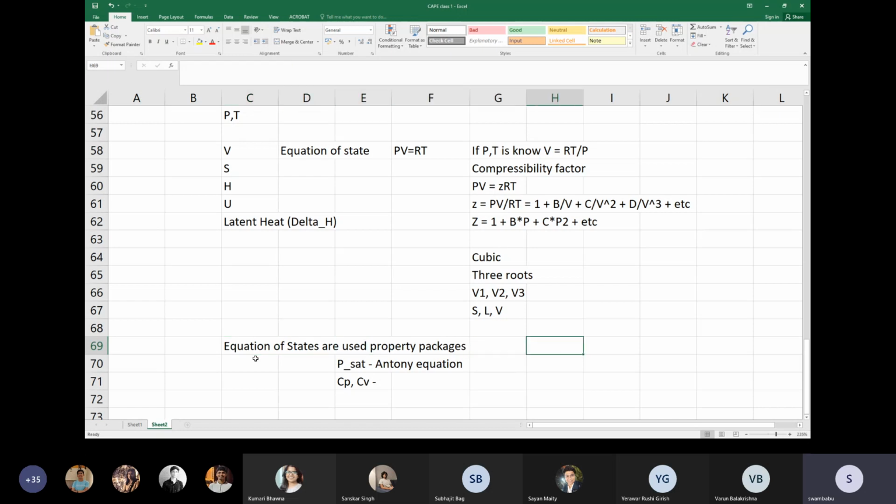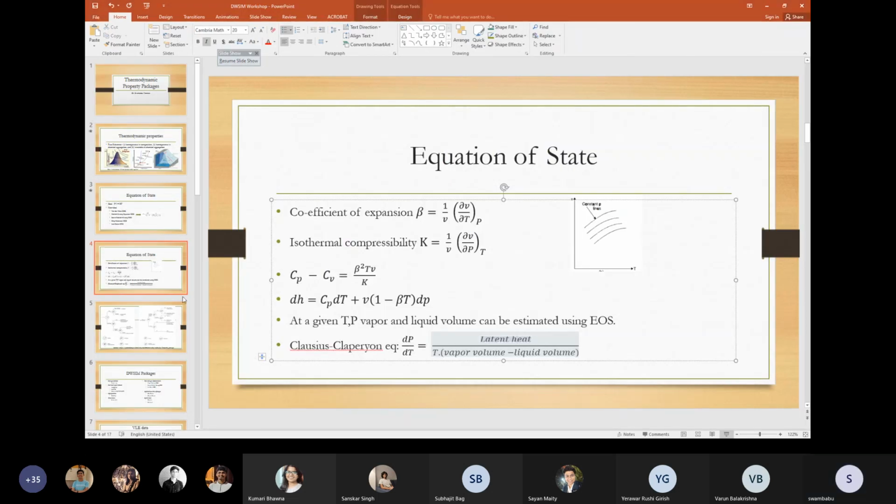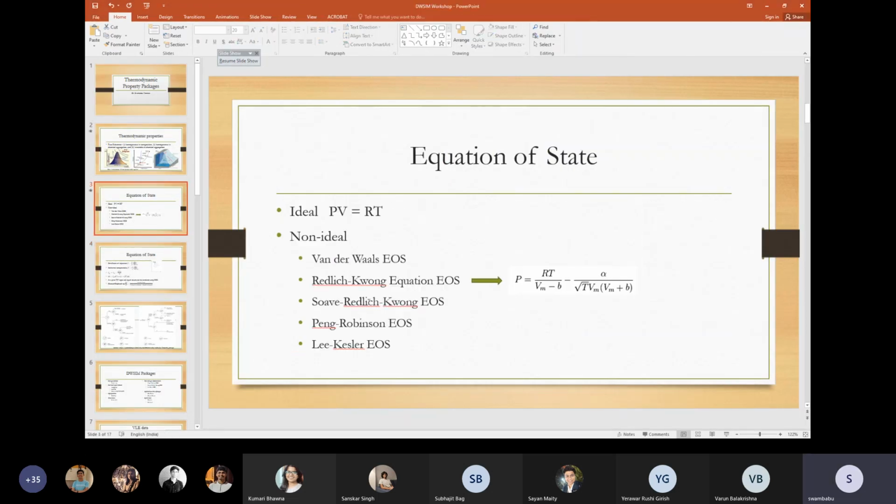So in Aspen Plus or DWSIM, we have these property packages. One is the Redlich-Kwong property package, another is the SRK property package, the Peng-Robinson property package, and one based on the Lee-Kesler correlations. Like this, we have many such property packages.